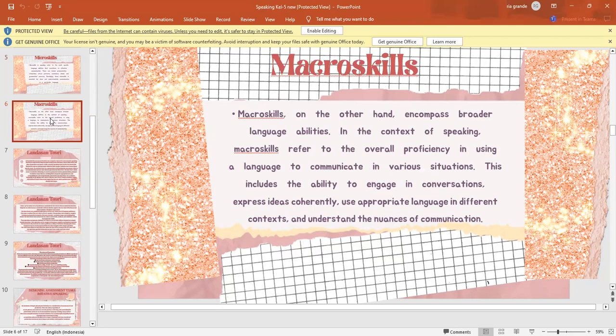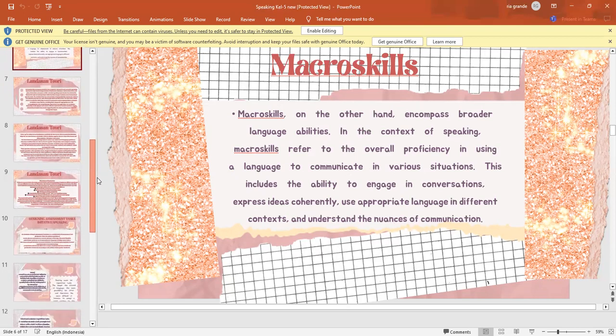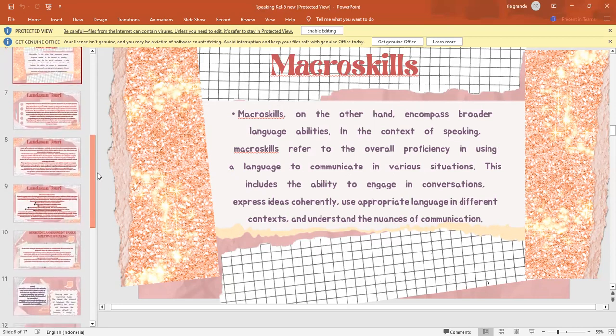And then macroskills. Macroskills, on the other hand, encompass broader language abilities in the context of speaking. Macroskills refer to the overall proficiency in using a language to communicate in various situations.